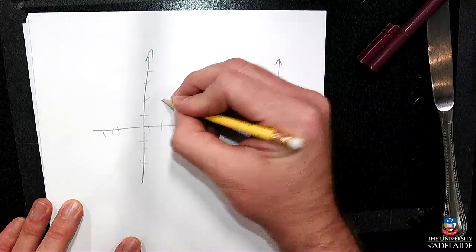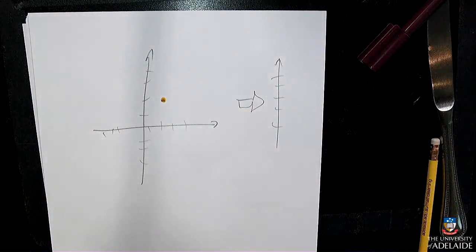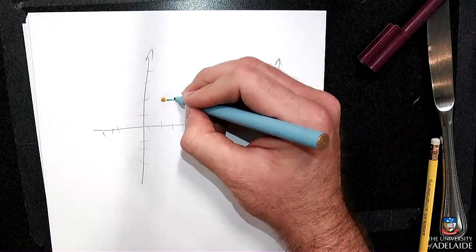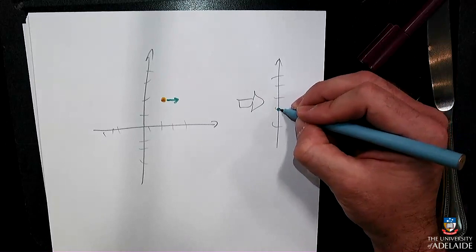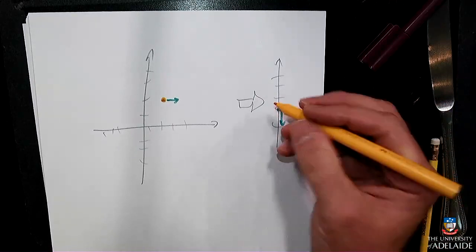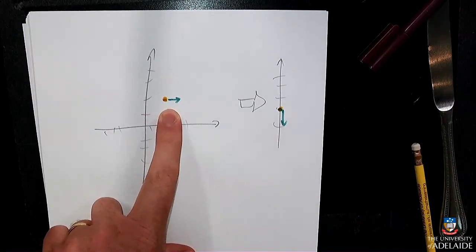So I can imagine that if I am here at this point, and I went this way, then how would this change? That's what I want to know. And this is just a dx.